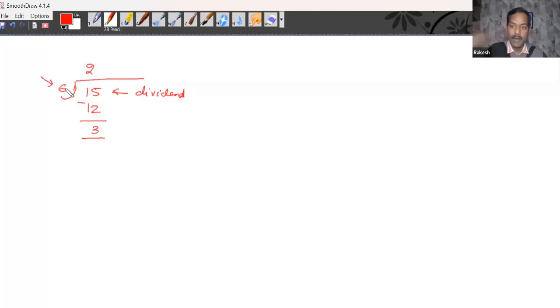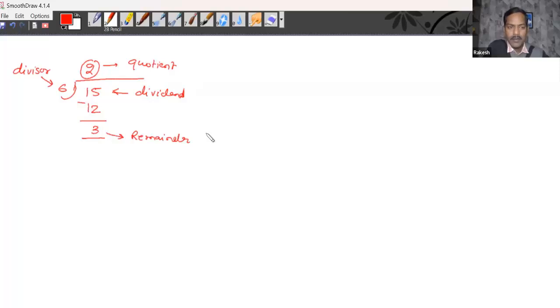This is the number which is dividing, so we call this the divisor. The number obtained is called the quotient. And whatever is left, because we can't divide 3 by 6 as this number is less than 6, is called the remainder.